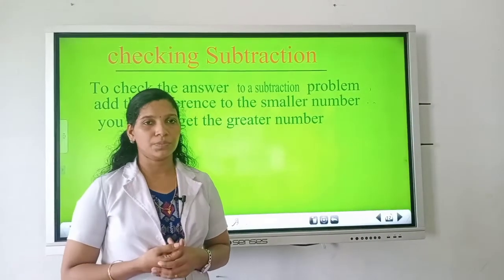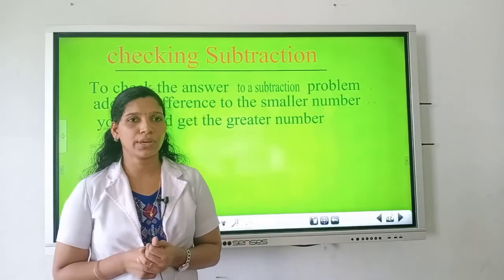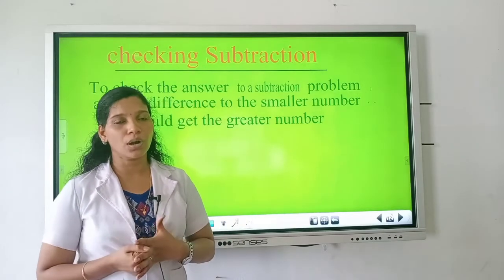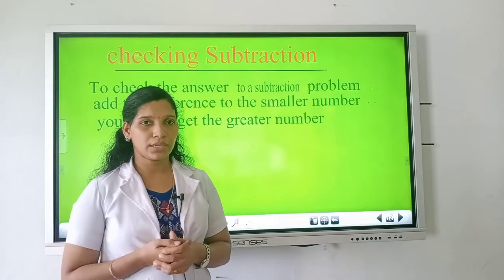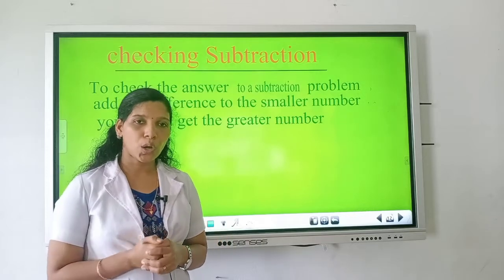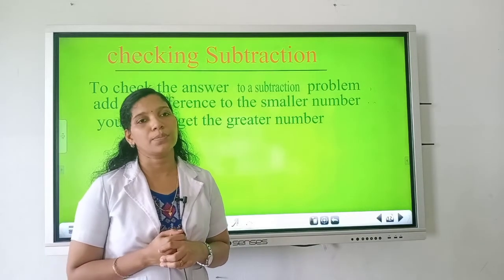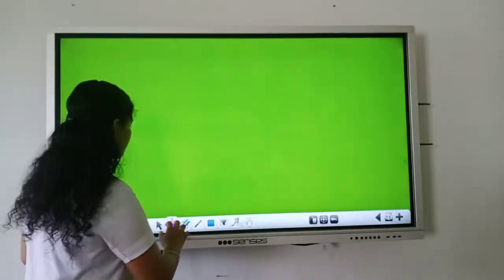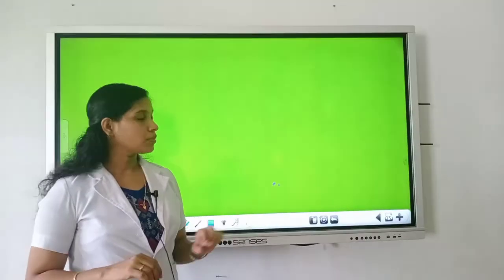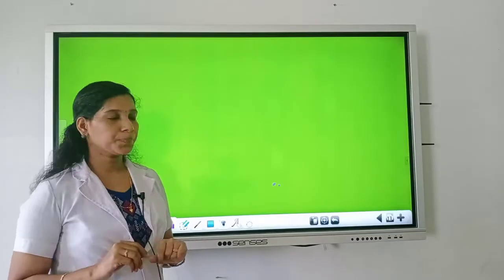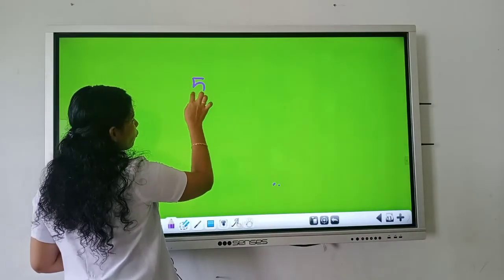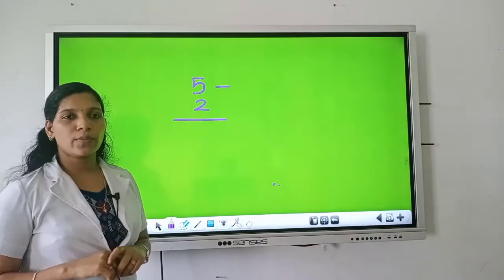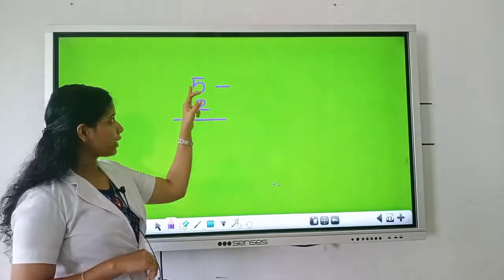Checking subtraction. How to check subtraction? The difference you get, you add to the smaller number and you will get the greater number. How is it? We will see with examples. We will do with smaller numbers. 5 minus 2. What is 5 minus 2?